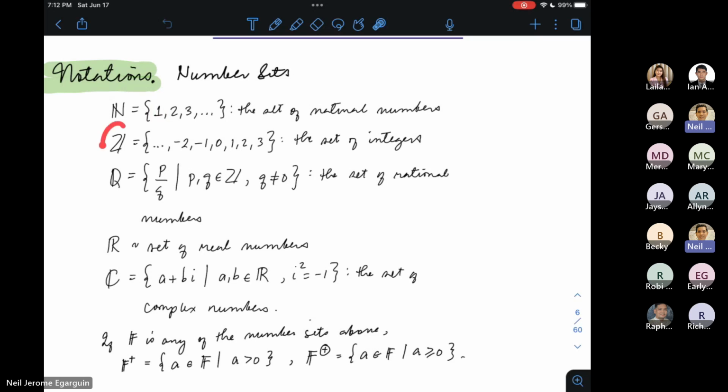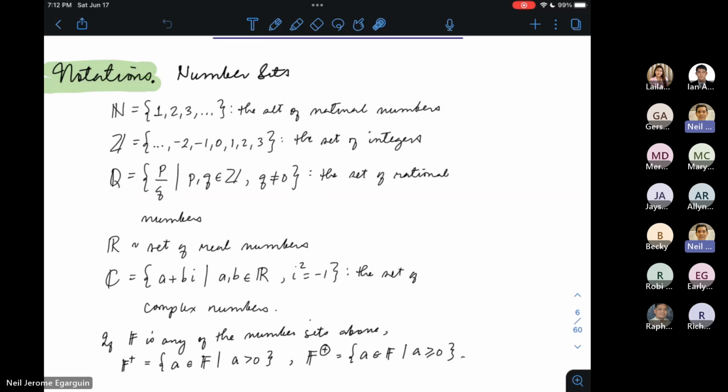And then double struck Z, or simply Z, is the set of integers. So the negative of the natural numbers, 0, and then the natural numbers. And then the set of rational numbers, Q. This is the set of all possible ratios of integers.